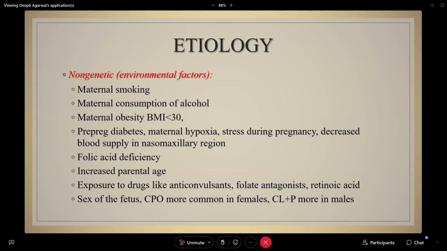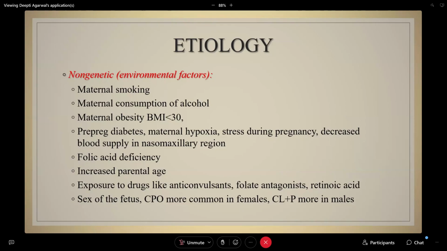Then increased parental age, maternal obesity, more than 30 BMI, pre-pregnancy diabetes, maternal hypoxia, stress during pregnancy, decreased blood supply in the nasomaxillary region. Also, folic acid deficiency, and exposure to drugs like anticonvulsants, folate antagonists, and retinoic acid have been implicated.